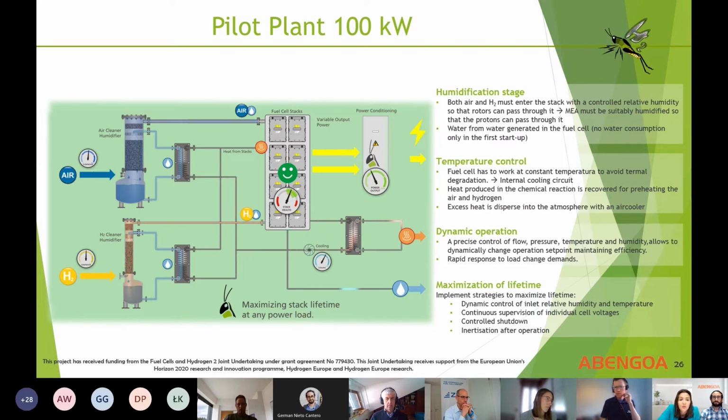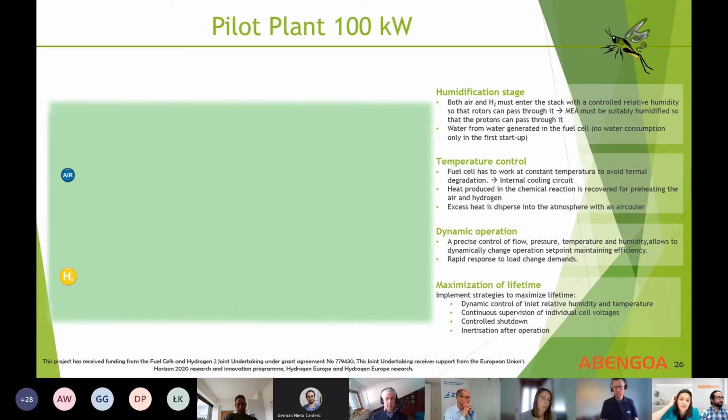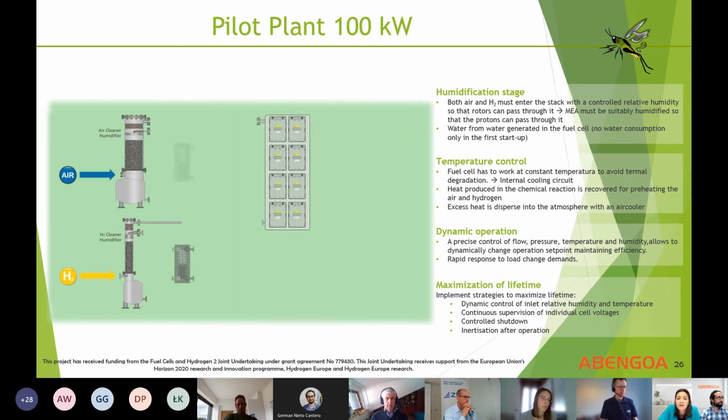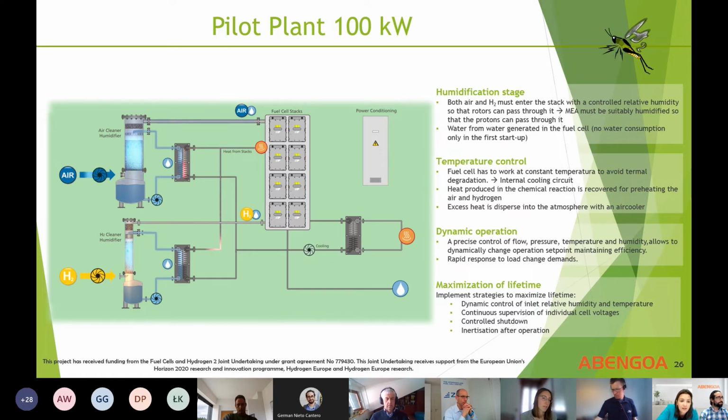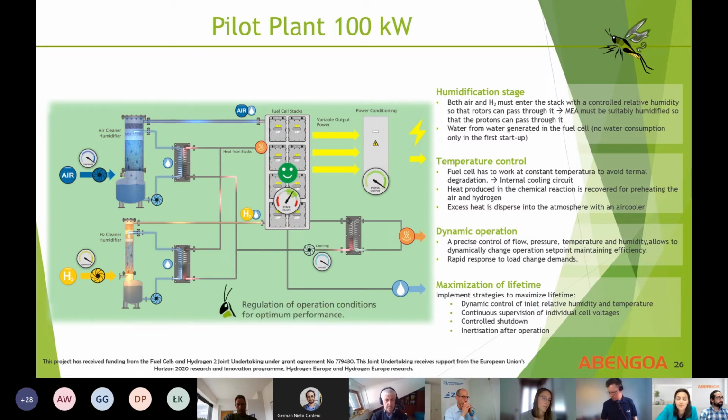The fuel cell has to operate at a constant temperature, and as the electrochemical reaction is exothermic, a constant temperature is necessary to avoid thermal degradation. So an internal cooling circuit is needed to remove the excess of this heat, and it's used in this cooling circuit for preheating the reactant, as you can see here in this heat exchanger.